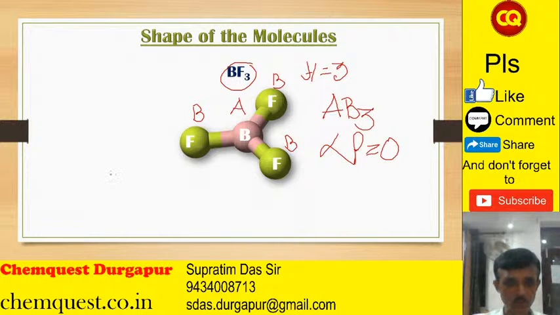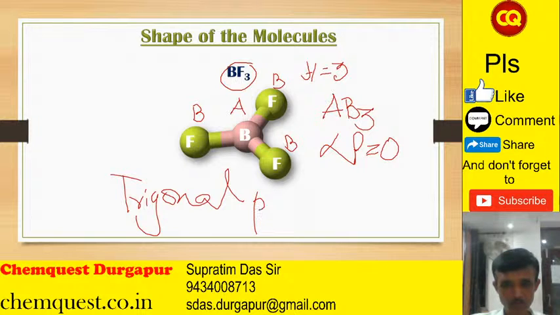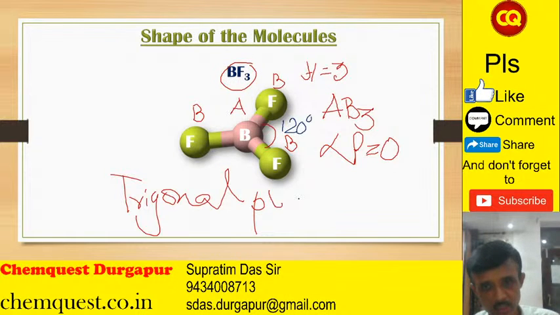Then the shape is known as trigonal planar shape. What is the bond angle in trigonal planar? The bond angle in trigonal planar is 120 degrees. In linear, in our previous case, the bond angle is 180 degrees.